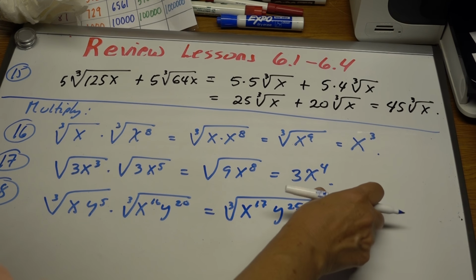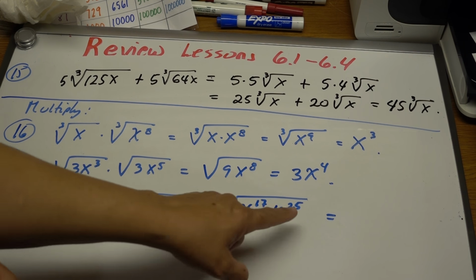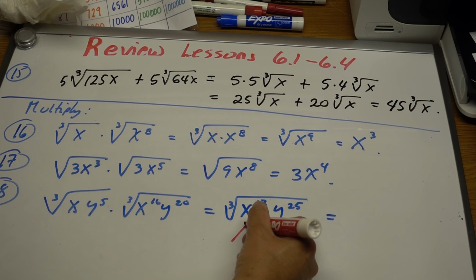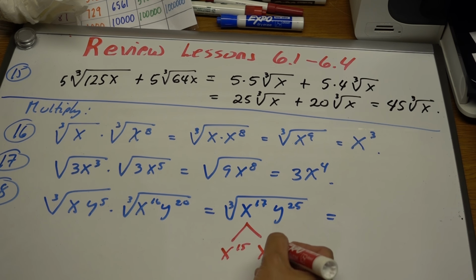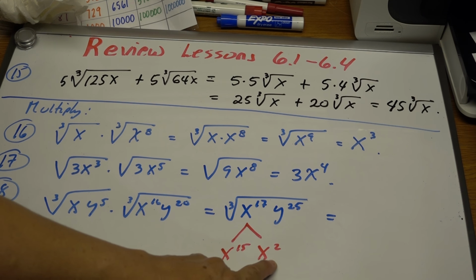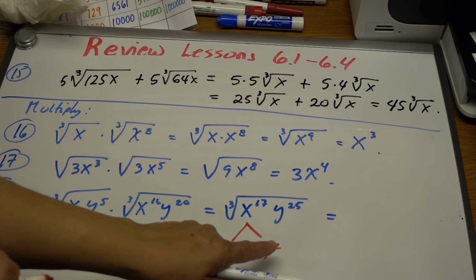Now try to get the cube root of this. Since 17 is not divisible by 3, and 25 is not divisible by 3, we have to break down those two. The more convenient factors are x to the 15 times x to the 2nd power, because the one that is going to stay inside has to be less than 3. So the combination is 15 and 2.